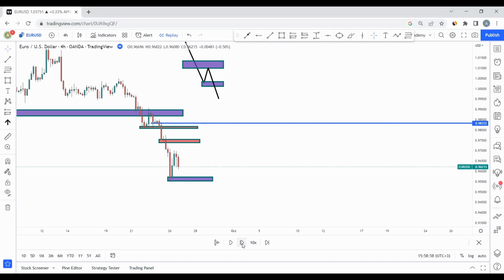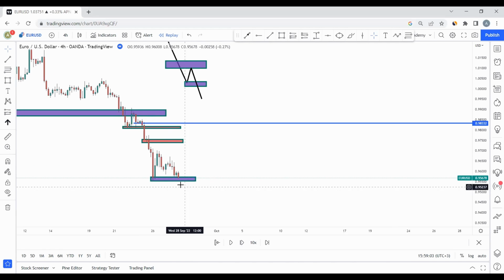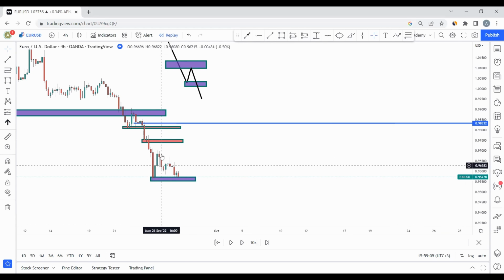So let's continue. Let's see how this level holds price. You see, it's reacting to it. This shows you that it's a significant turning point. But of course, it shows that there's a presence of buyers here, but not a significant point because it has not tested any of these levels here. This red one and this red one. This one is very significant, and we need price to come and test it.